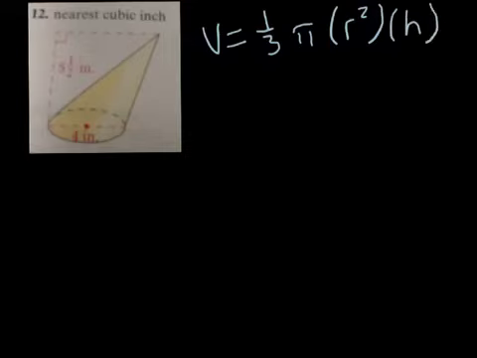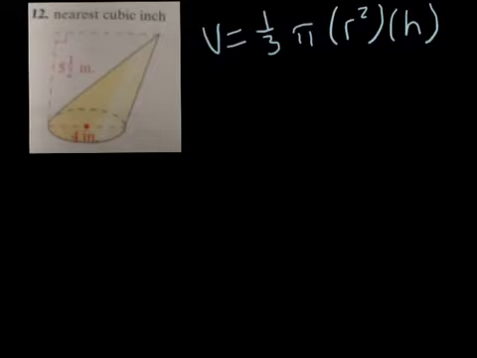And keep in mind, the height doesn't always have to be inside the cone. It can be outside, like the altitude is here. And the cone doesn't always have to be perfectly up and down. It can be what is known as a slanted cone or an oblique cone.